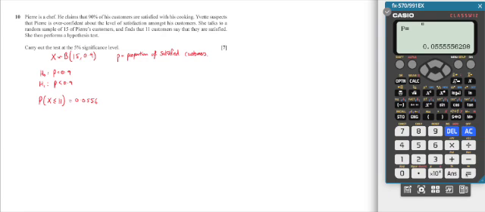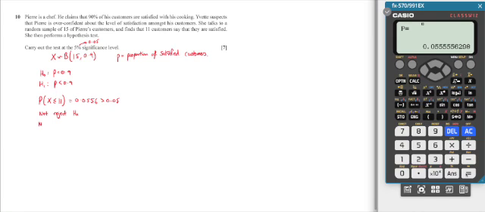If we compare that with our 0.05, which is the 5% significance level, that is bigger than 0.05. So we will not reject. We are not going to reject our null hypothesis because we are bigger.